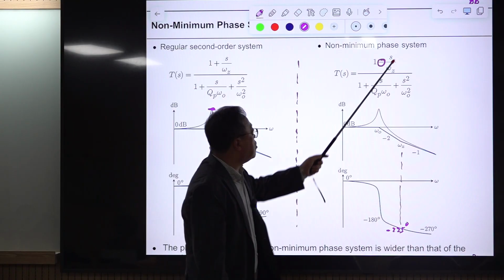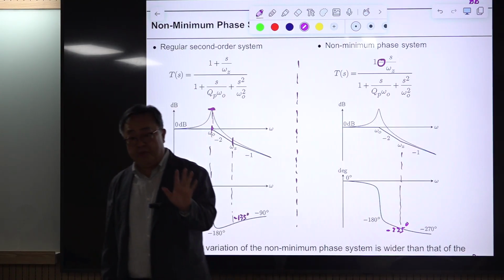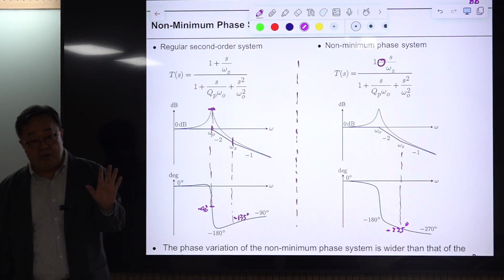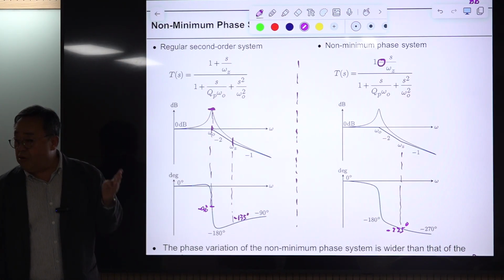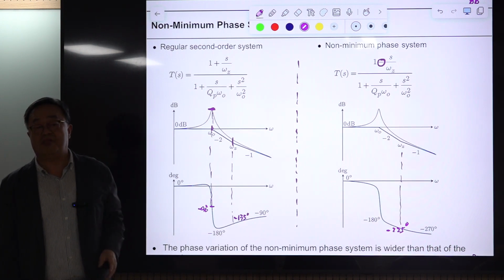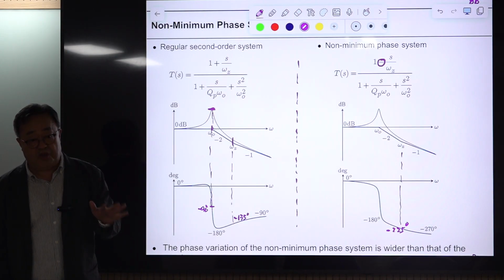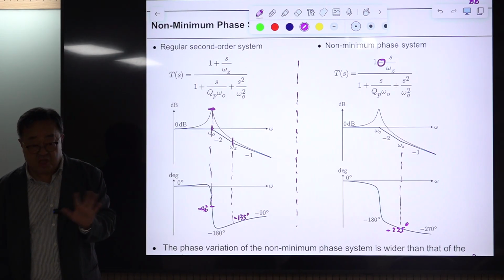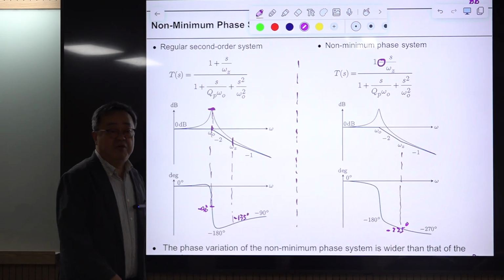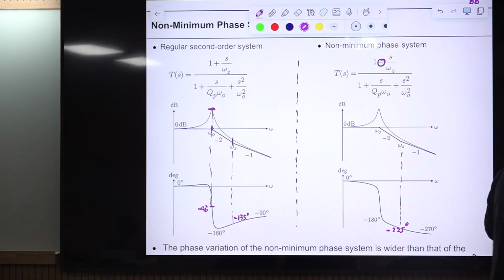Actually, this is the duty ratio to output transfer function of many PWM converters: boost converter, buck-boost converter, Cuk converter, and all the variations from these converters, isolated versions, by inserting some transformer. So the converter you will be dealing with is probably this non-minimum phase system.